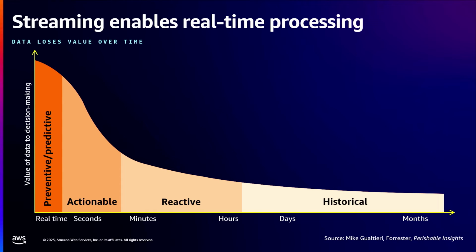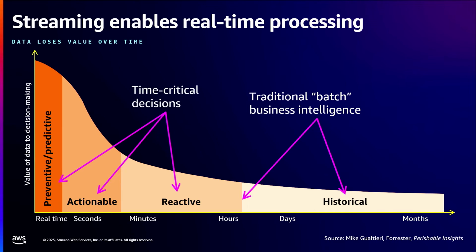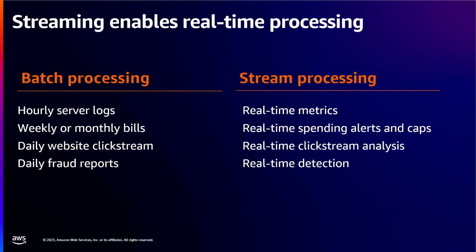So from traditional batch operations, which would run sometimes only at the end of the month, or sometimes every single day if you're lucky, you want to be able to have this traditional batch intelligence also move to more reactive stuff, where you can do some actionable things, and to have even preventable things and predictive things. And the whole idea is to be able to do things quicker with your data rather than having to wait for a long time. And the point is to get timely insights from new information.